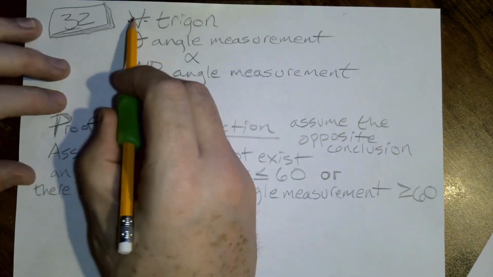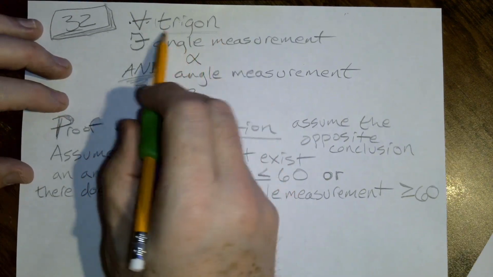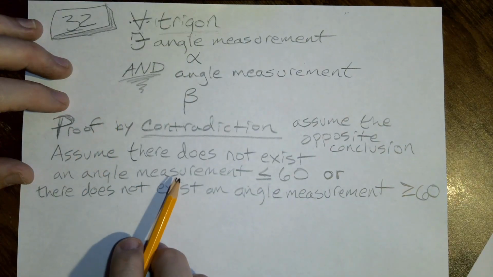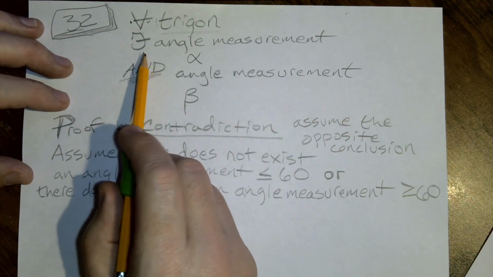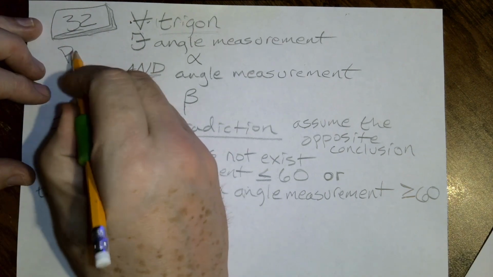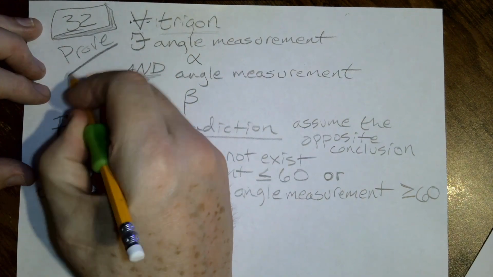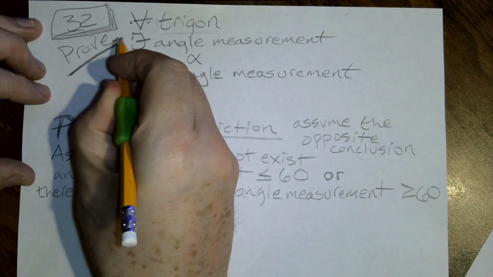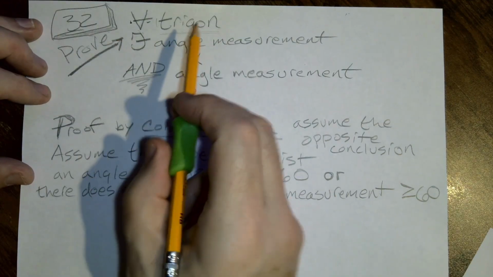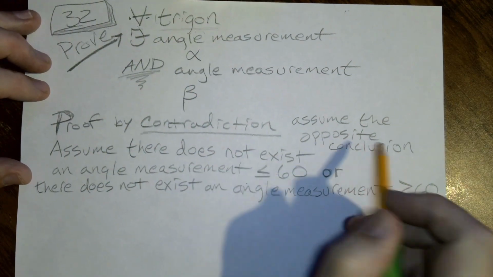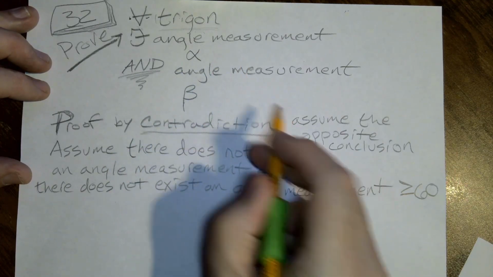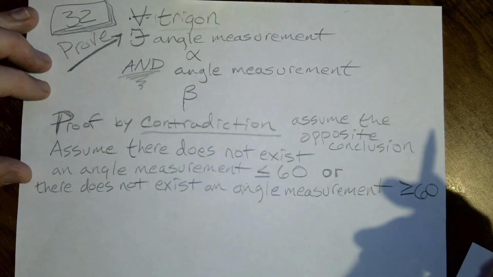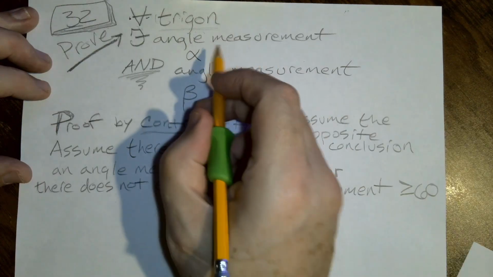So we might phrase it like this: for every trigon, for any trigon, for each trigon. We're being told to prove this. For every trigon, there exists an angle measurement alpha, which is not greater than 60.